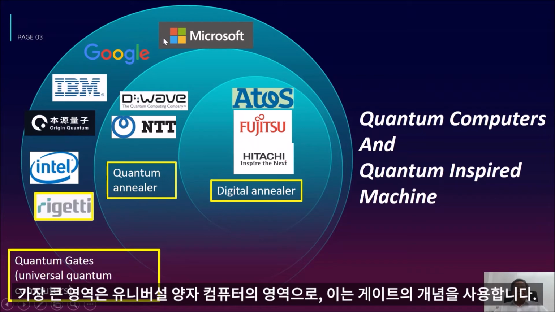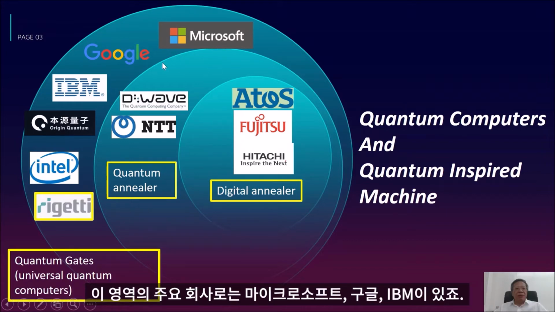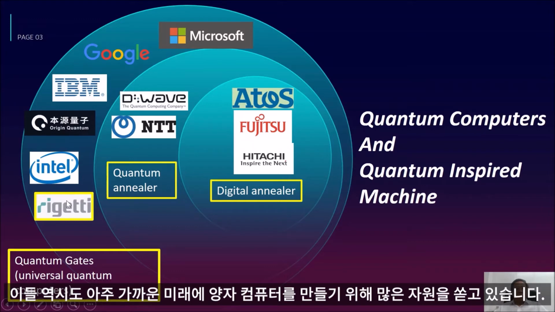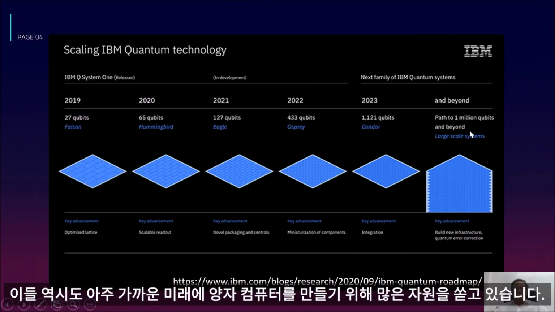The largest region is called the universal quantum computer, which uses the gate operator idea. The major players are Microsoft, Google, IBM, and in China Origin Quantum, and also Intel and Rigetti. They are all spending tremendous effort trying to build the universal quantum computer in the very near future.